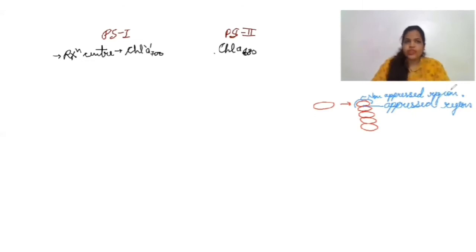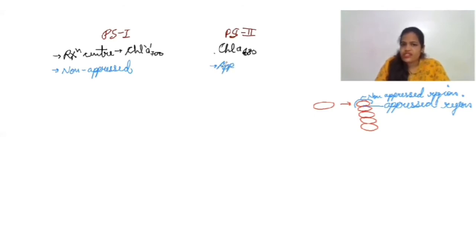Clear? So, photosystem 1 is found in the non-appressed region, whereas photosystem 2 is found in the appressed region.